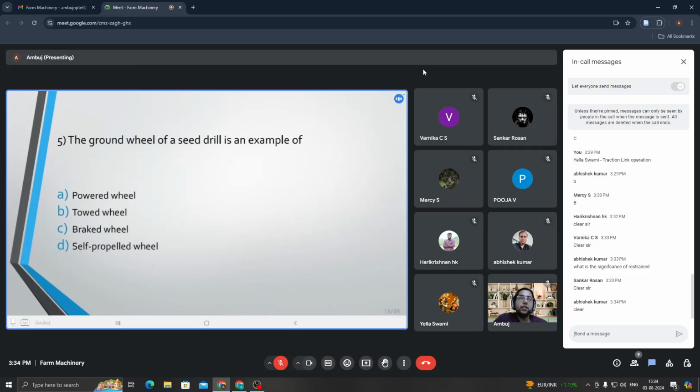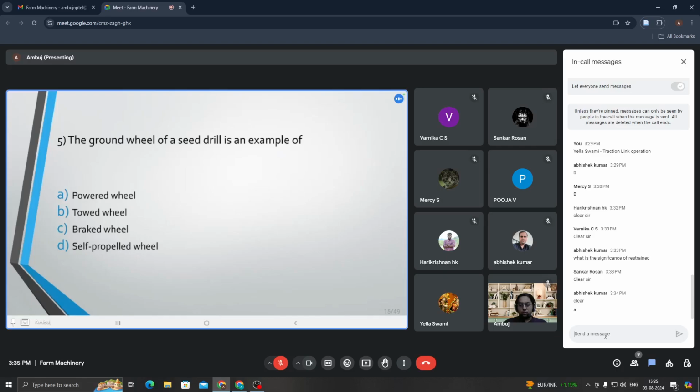The ground wheel of a seed drill is an example of: powered wheel, towed wheel, braked wheel, or self-propelled wheel. Four different types of wheels are there. I'll talk to you about these wheels in great detail in the upcoming slides, but just try to solve this. Yes, powered wheel, sir.